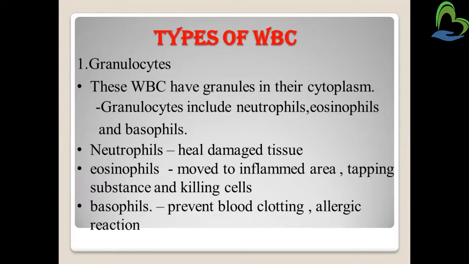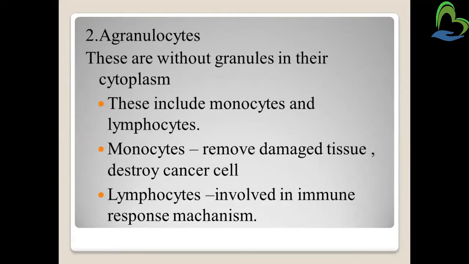For example, if we get an infection in the hand or on the feet or whatever part of the body, it is transferred to that part, trapping the substance and killing that cell. Now the basophils prevent blood clotting and allergic reaction. They provide protection against the allergic substance. So here the allergic reaction, and also help in preventing the blood clot.